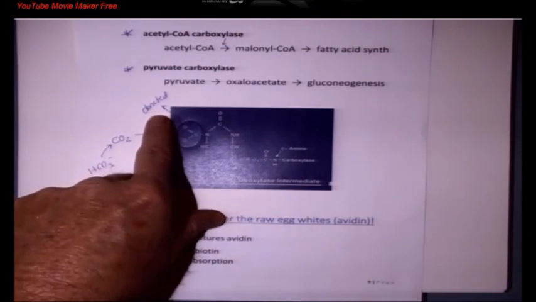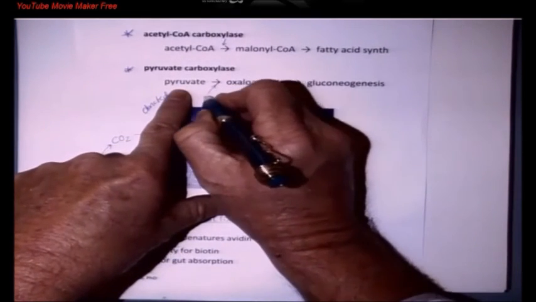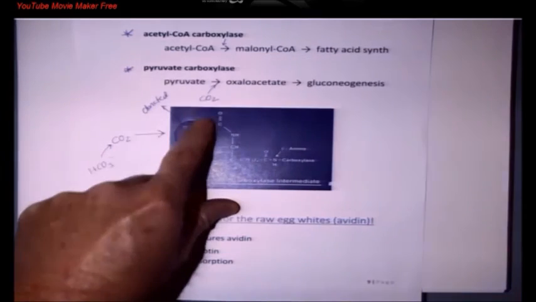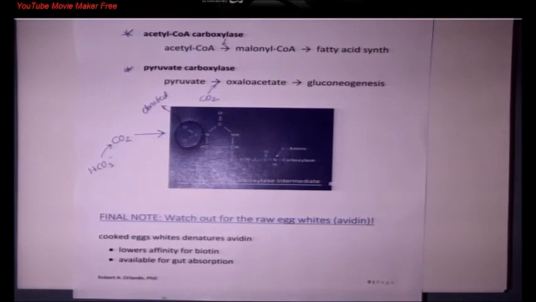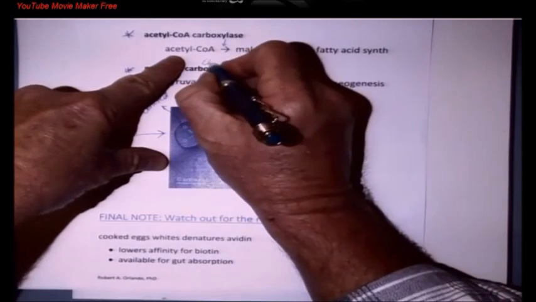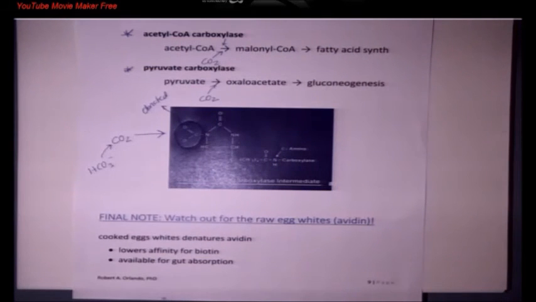A good example of this are these two. Pyruvate is a carboxylation reaction that requires the addition of CO2 onto pyruvate to give you oxaloacetate. Same thing with acetyl-CoA. This is another carboxylation. So we simply have to have a donor of the CO2 in order to facilitate this. And that's what biotin does.